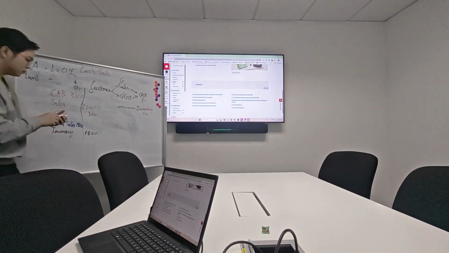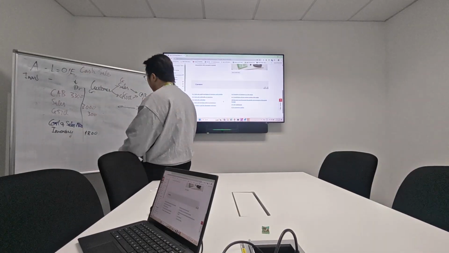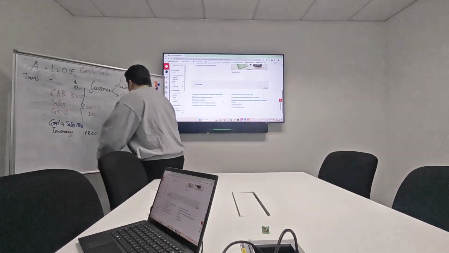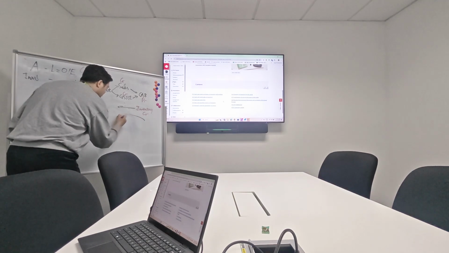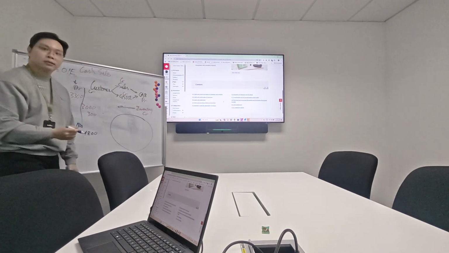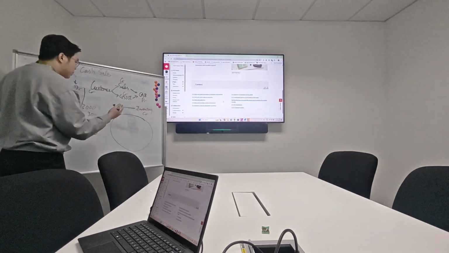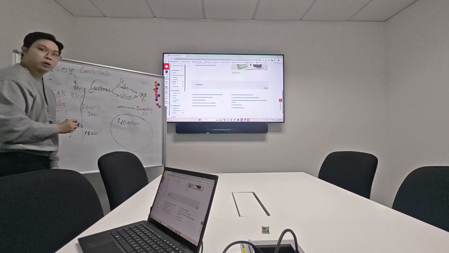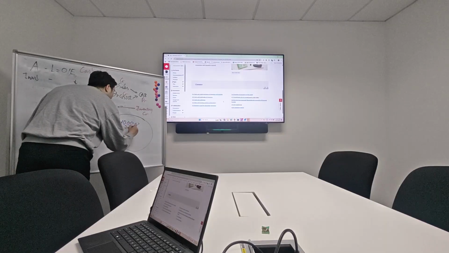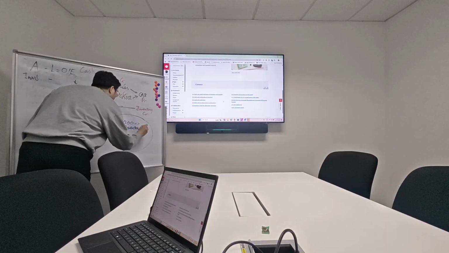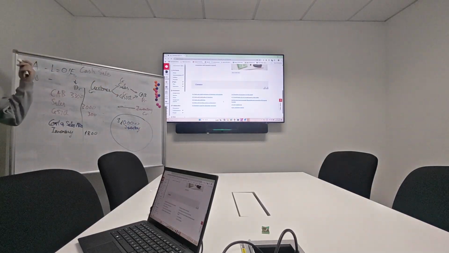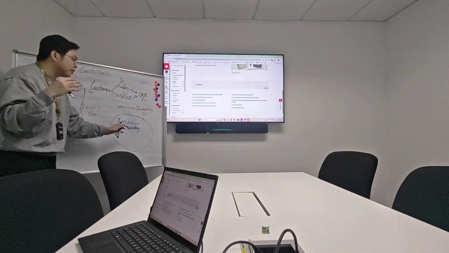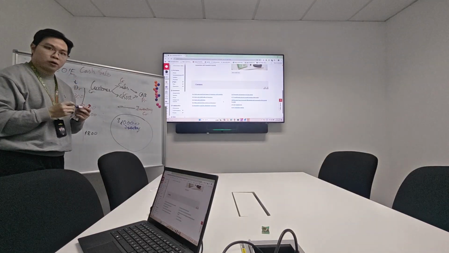Inventory. Let's just say we have, I don't know if you can see it from here, maybe here, this much of inventory. Maybe we have $10,000 worth of inventory. Okay, in our warehouse, we have $10,000 worth of inventory.